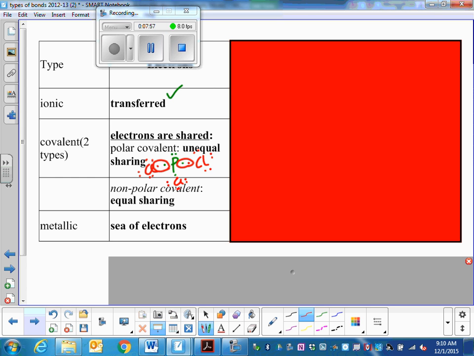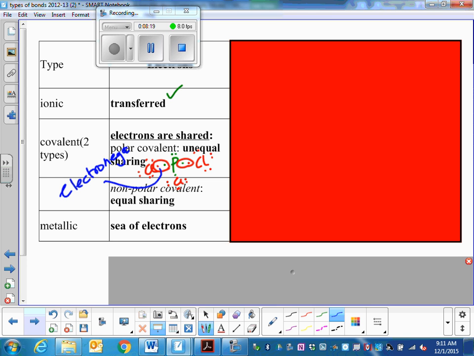What is that word for the pull of electrons called? That's not ionization. It's not electronegativity. What is it called? Electronegativity. All right? This pull for the pair of electrons is called electronegativity.